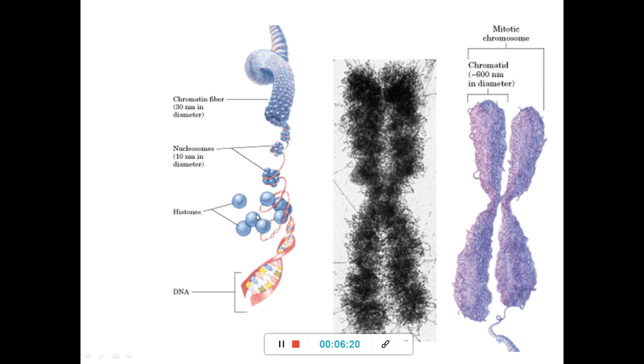Then they form a 10 nanometer diameter structure called the nucleosomes. These nucleosomes wind further, resulting in the formation of a 30 nanometer chromatin fiber. And when the mitotic chromosome is formed, it gets a much larger diameter.